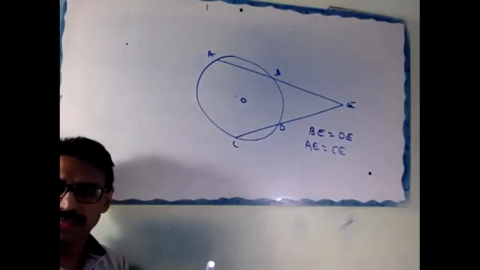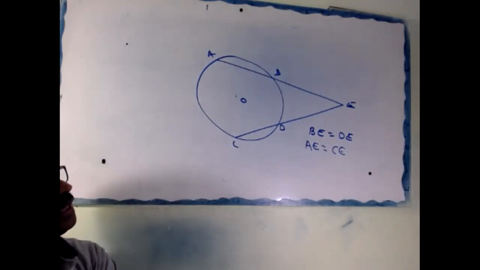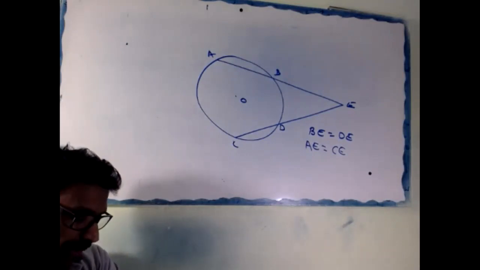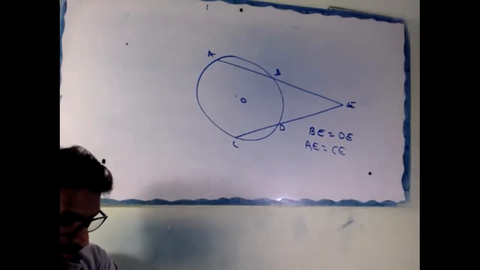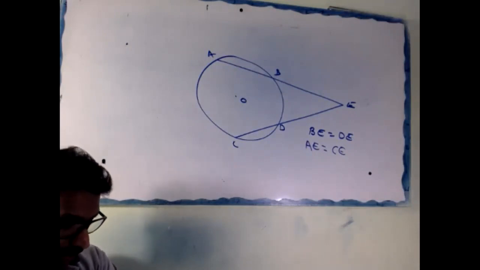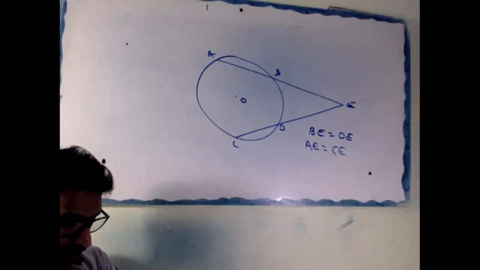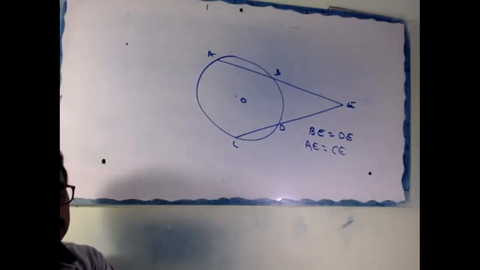Okay, question. Listen, two equal chords AB and CD of a circle with center O, when produced, meet at a point E. Prove that BE equal to DE and AE equal to CE.